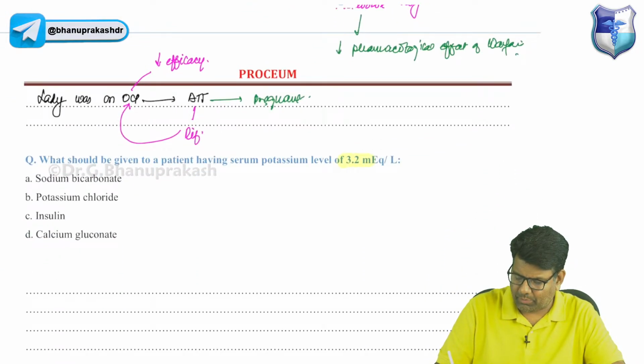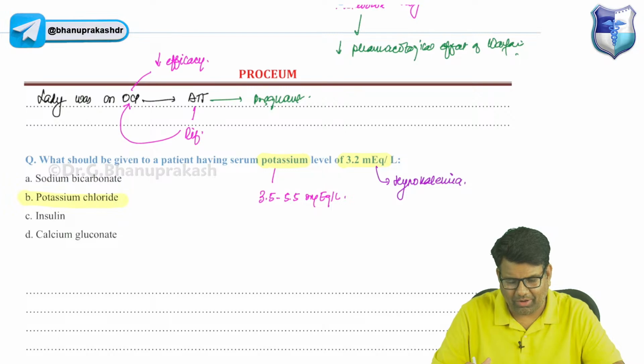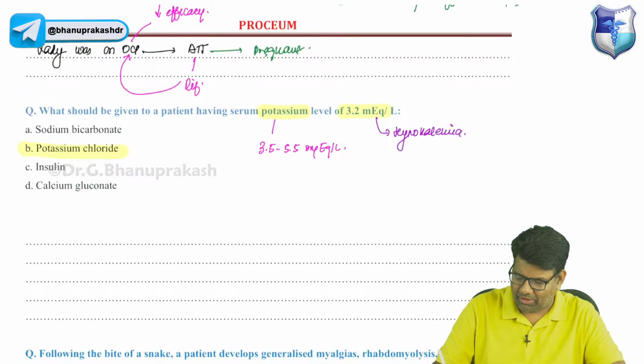If potassium is 3.2, then definitely you have to act. Now here the potassium normal range is 3.5 to 5.5, so this is a case of hypokalemia. What we need to do? We need to supplement. We will give potassium. So in hypokalemia, we have to give potassium chloride.